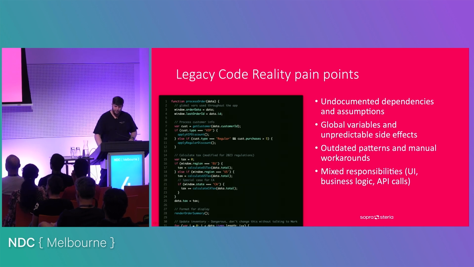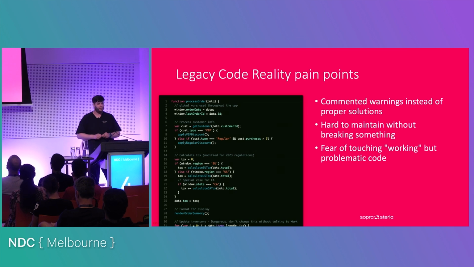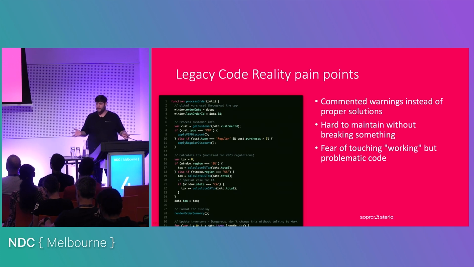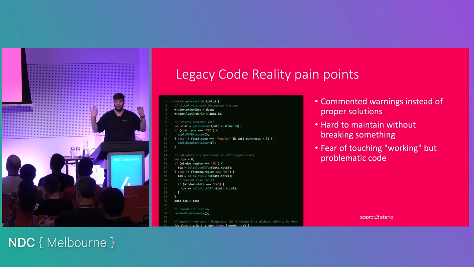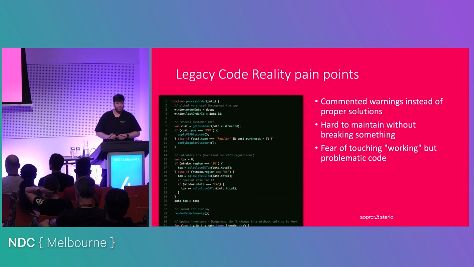Mixed responsibilities are things that can exist in legacy code. Warnings that are commented instead of proper solutions, so fix this later, or to-dos. Hard to maintain code without breaking something, stuff you don't want to touch, otherwise the whole thing is going to be set on fire. I think we all know these kinds of code bases or these kinds of projects.